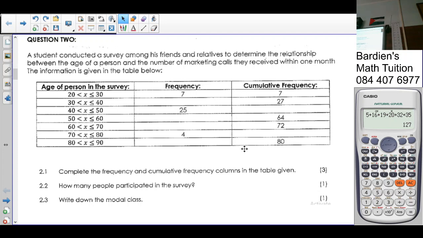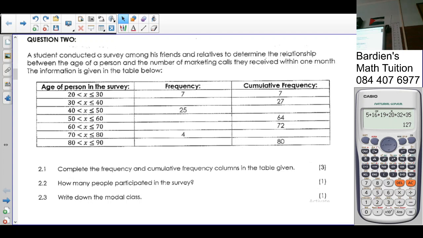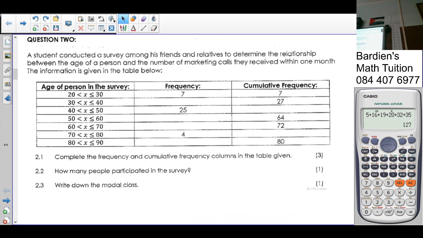It's in increments of 10, so it's increasing by 10 per slot or per category. Okay. The first question says complete the frequency and the cumulative frequency column in the table given.